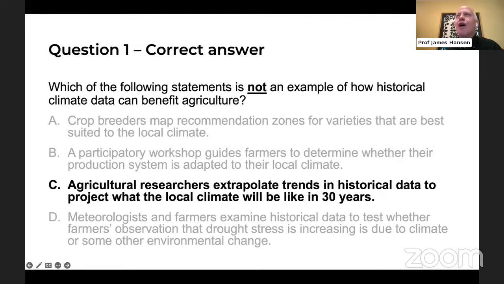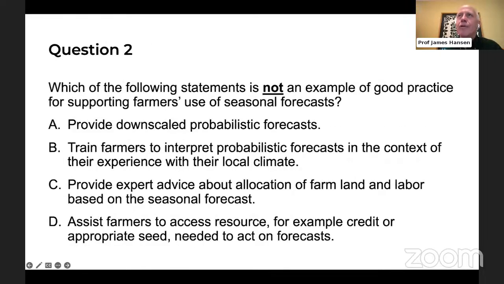That is a poor way to estimate climate change. Climate change is not an extrapolation of past trends. This also should not be something that agricultural researchers should do. It's likely that this kind of analysis will give very misleading information. All of the other statements are good examples of how historical climate data may benefit agriculture.